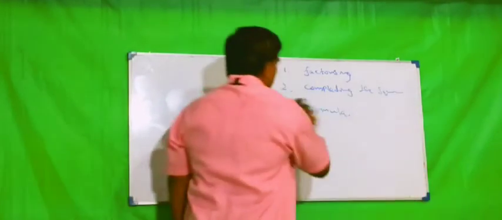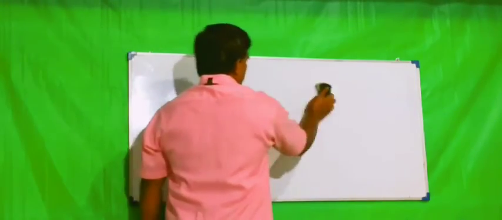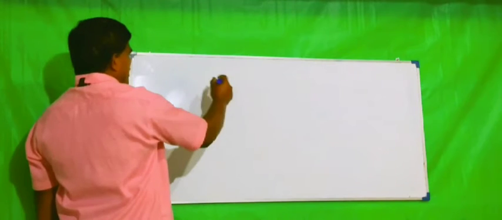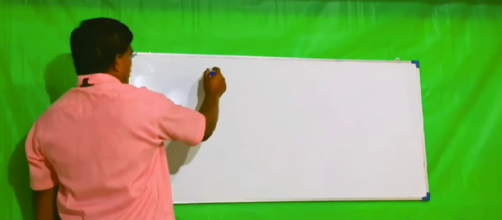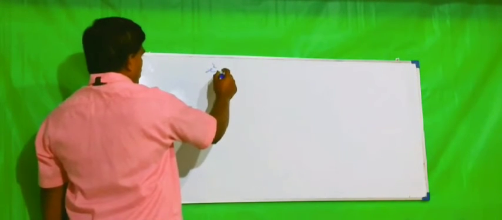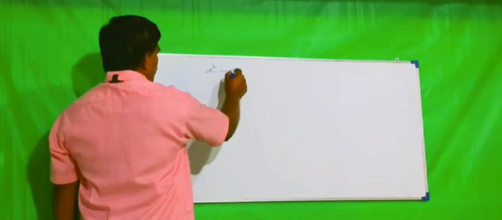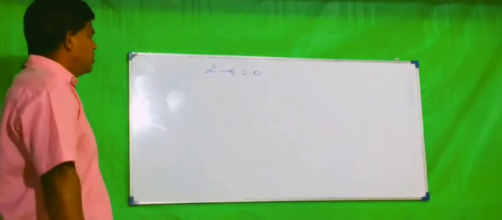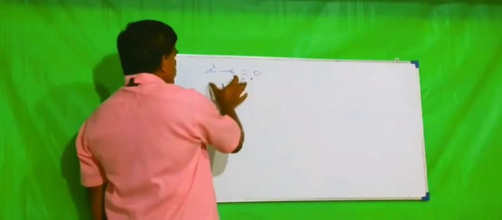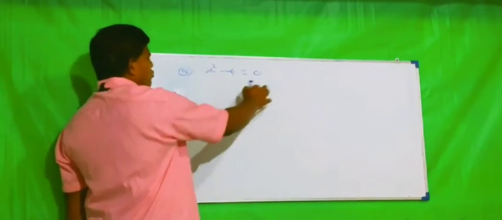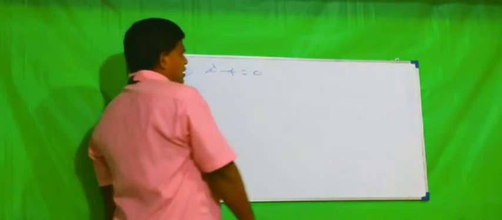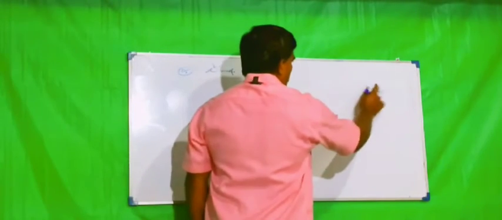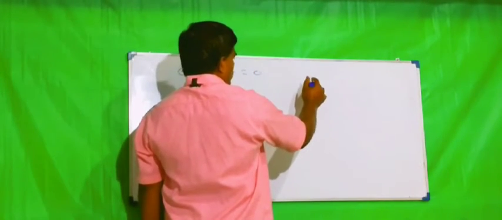So if we take the earlier quadratic equation, we took x squared minus 4 equals 0. Before solving this equation by the factorizing method, I will explain a special rule as follows.